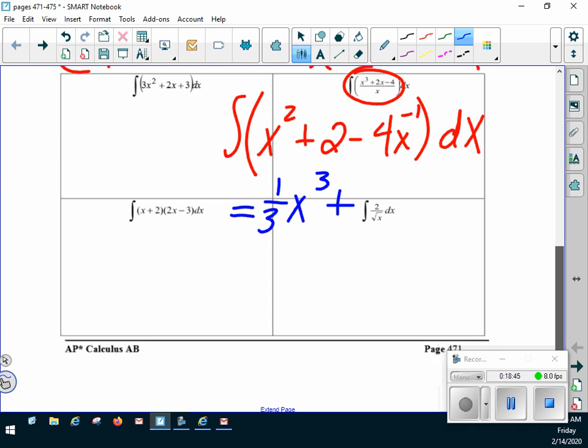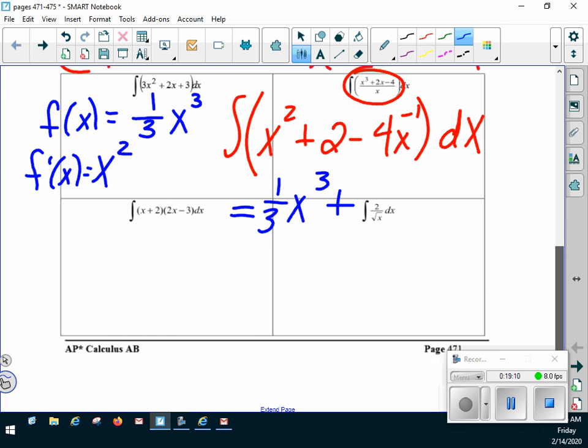So let me try to give Gisela a little heads up. Gisela, what we're doing is we're going backwards. If I have x squared as my derivative, and I want to figure out what the function was, I raise the exponent by 1, and I take the coefficient, which in this case was 1, and divide it by that new exponent.